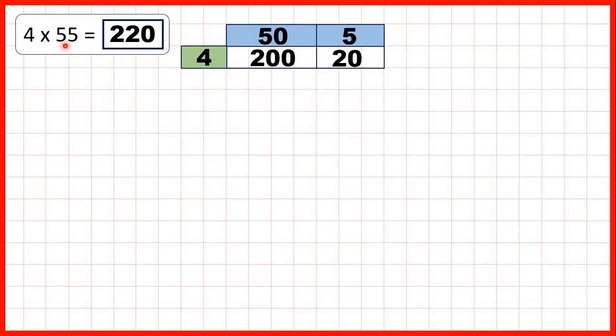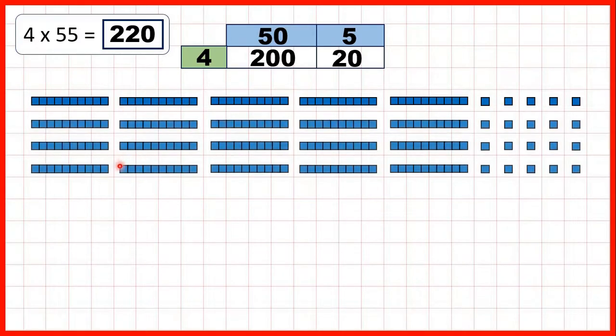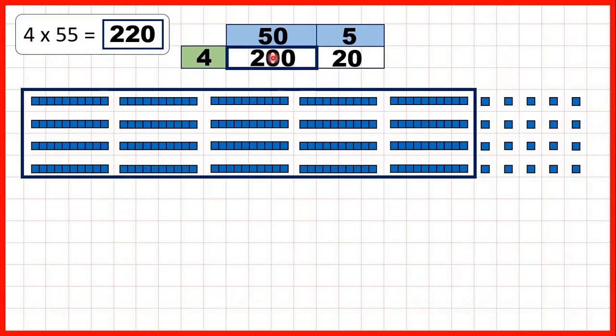Or, looking at it the other way, we can show 55, so there's 5 tens and 5 ones. Because 4 is the other number in our question, we can show what we have here. We can show 55 4 times. Then you can see we get 200 by multiplying 4 by 50, because 20 tens means that we have 200.